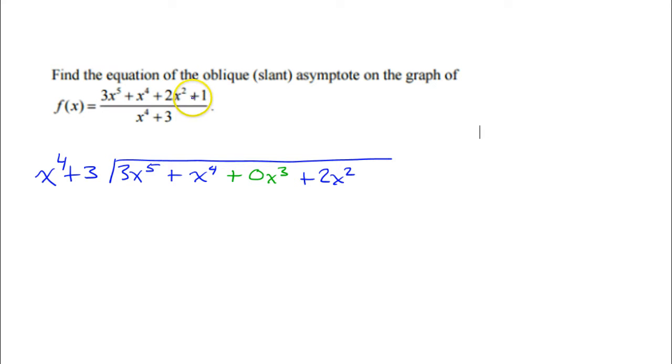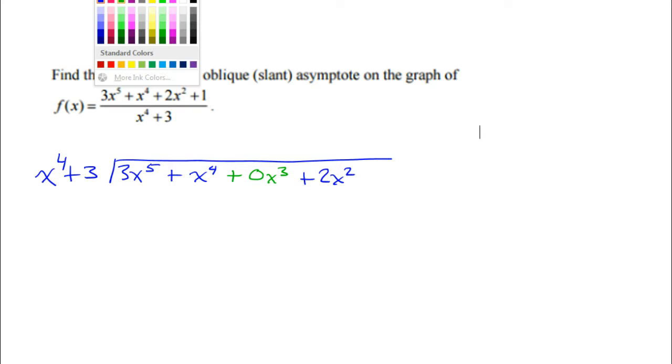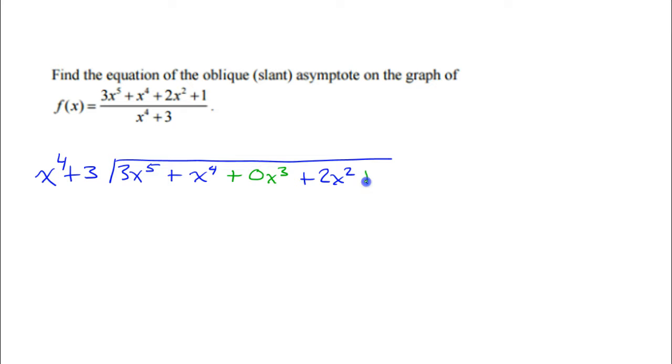There's no x term, so I'm going to put in a 0x as well. Okay, so be careful to put in all of your missing terms. I'm just going to put a 1 here to make it more obvious. I guess it doesn't really matter.